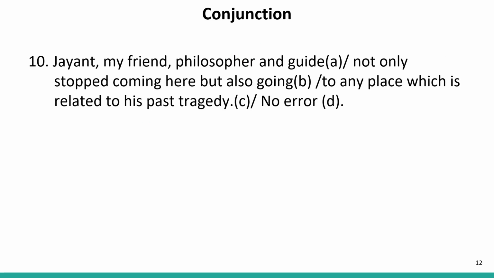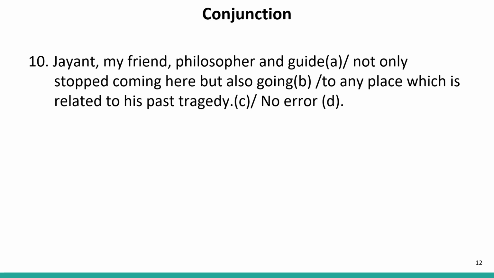Well, let us move to the next question now. Jayant, my friend, philosopher and guide, not only stopped coming here but also going to any place which is related to his past tragedy. Now, I have told you in the concept classes that whenever we use either or, not only but also, neither nor, both and, position matters.